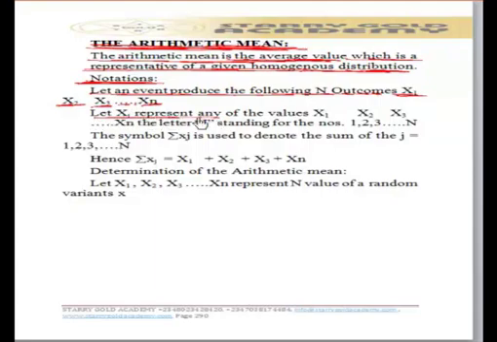So the xj represents any of the values such as x1, x2, x3, up to xn, and the letter j here also stands for numbers, which begin from 1, 2, 3, 4, 5 to n. We have this symbol, summation xj, which is used to denote the sum of the xj's, where j runs through 1, 2, 3 up to n, and likewise n can be any number.